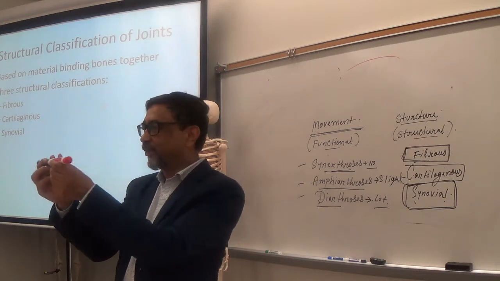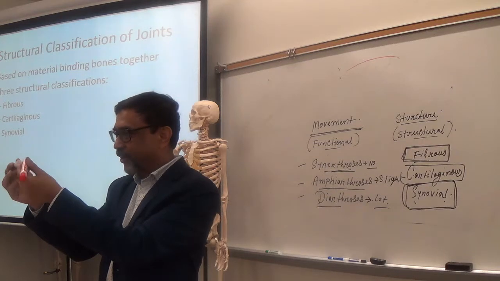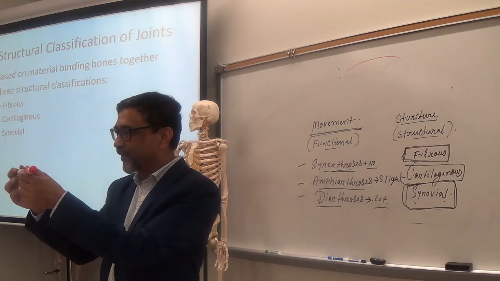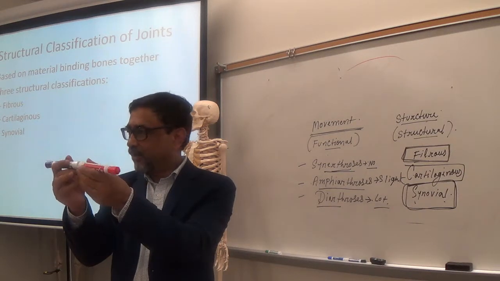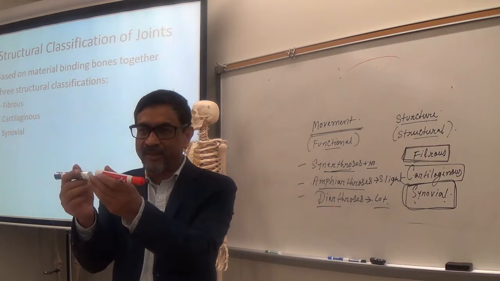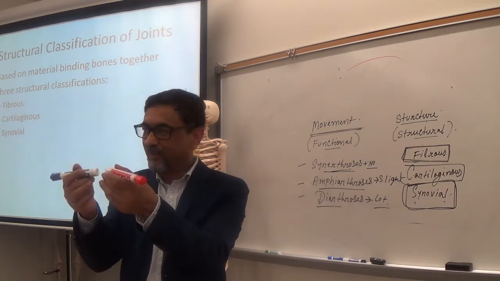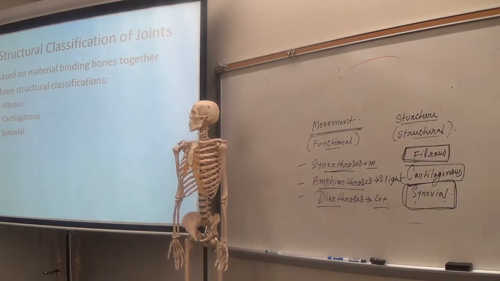But if they are connected by fibrous structures, not a lot of movement is possible there. Or if the bones are connected by cartilage, not a lot of movement is possible because they are connected by cartilage, hard structure, right? But if there is a gap, a lot of movement is possible. Okay? So synovial is the most freely movable joint.